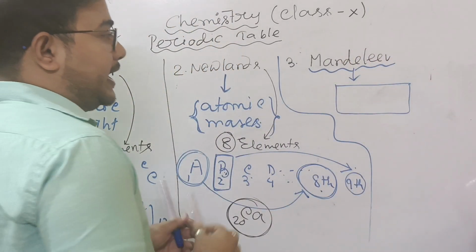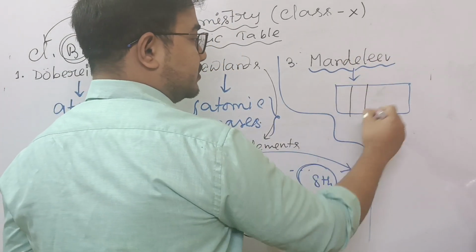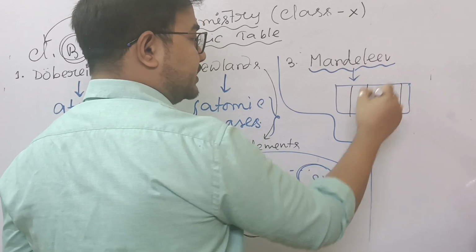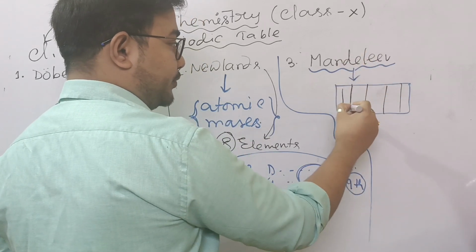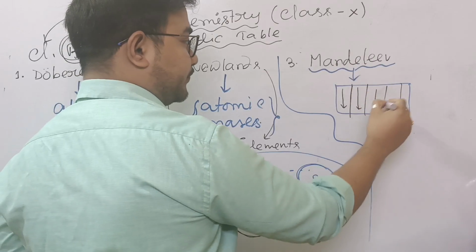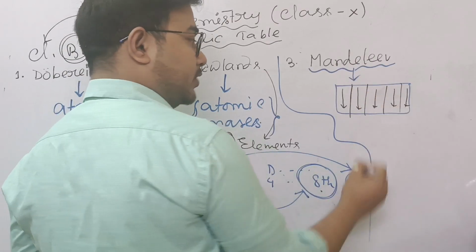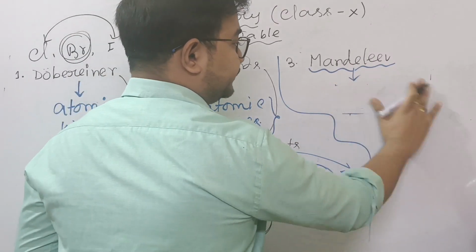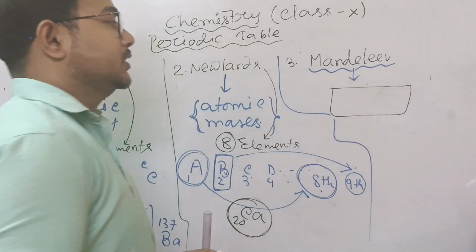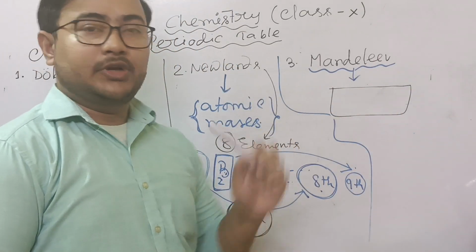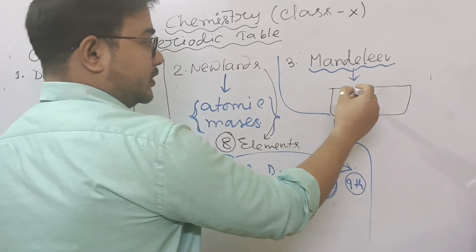Okay, now arrange the table in this way. This is called a column. Up to down, as you move up to down, this is called a column. Okay, now look at the board again. Mendeleev first arranged the elements in tabular form. Look at the board.